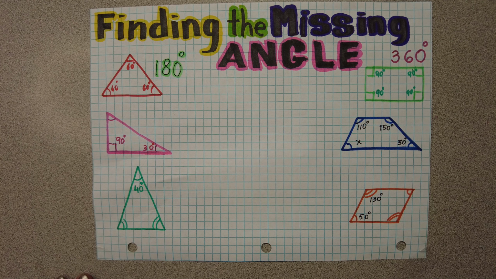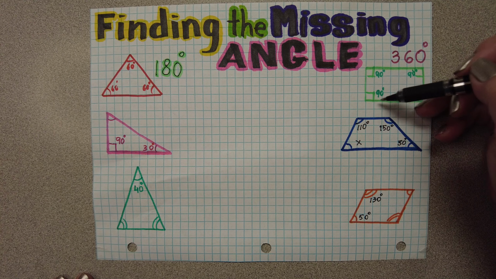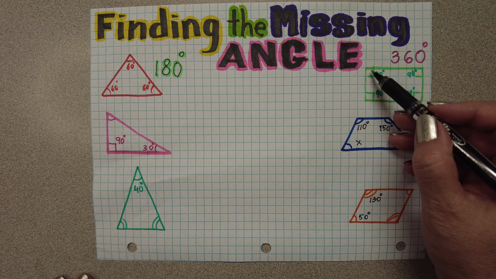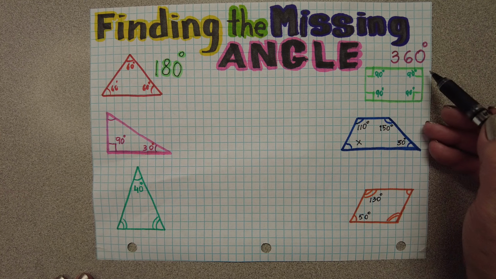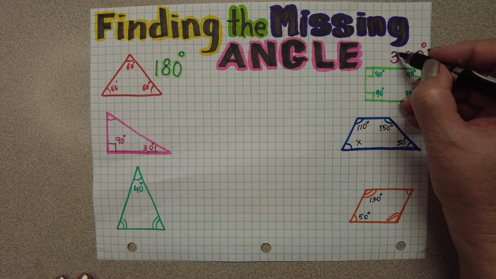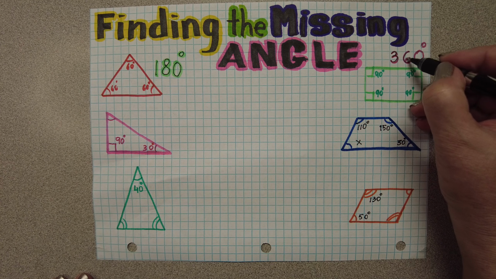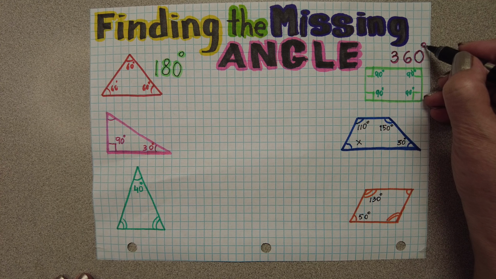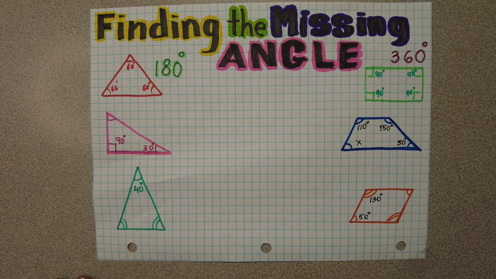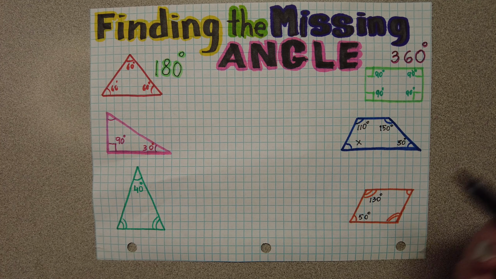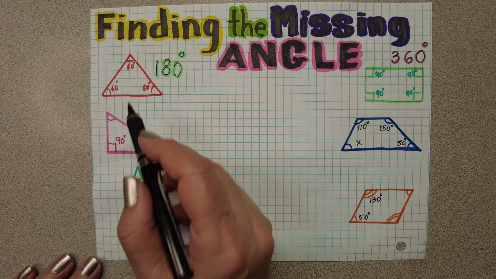This is an important thing you have to memorize. For quadrilaterals, if you add all four angles, you will have 360 degrees. This is also important to memorize. So let's start from triangles.